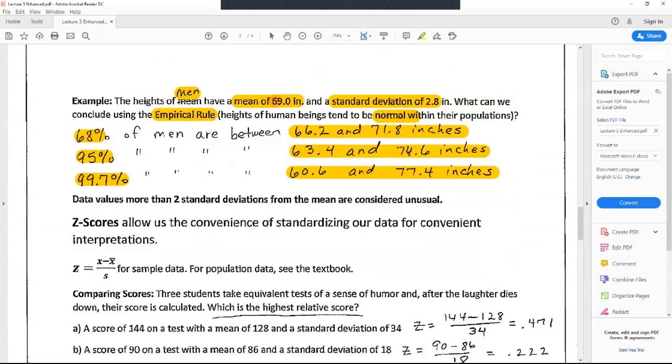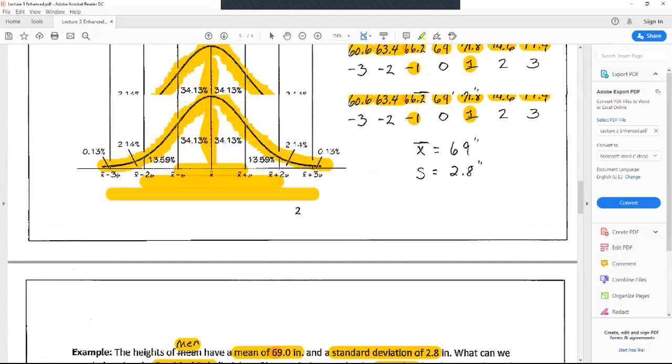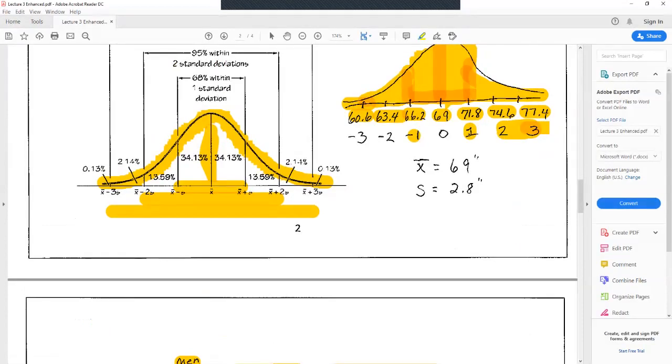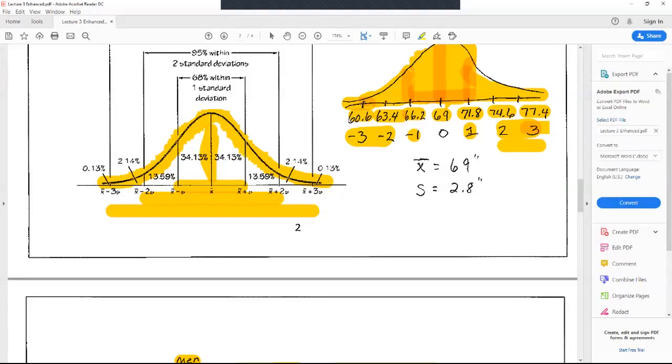Another important concept. Any data values that are more than 2 standard deviations from the mean are considered unusual. So if you are more than 74.6 inches, or if you are less than 63.4 inches, if you are in these ranges here on the tails, that's considered to be unusual because you are more than 2 standard deviations away from the center, right, from the average.